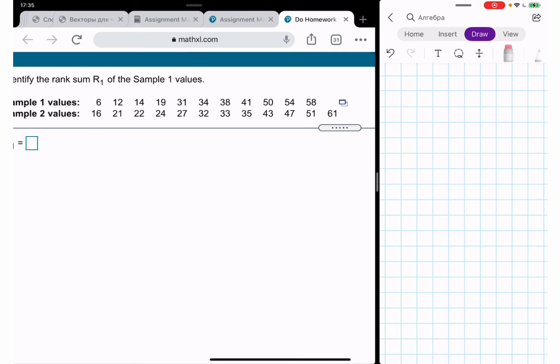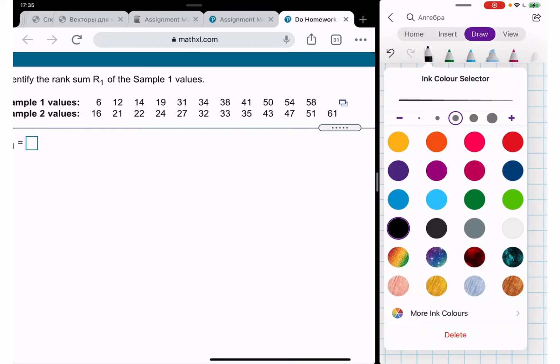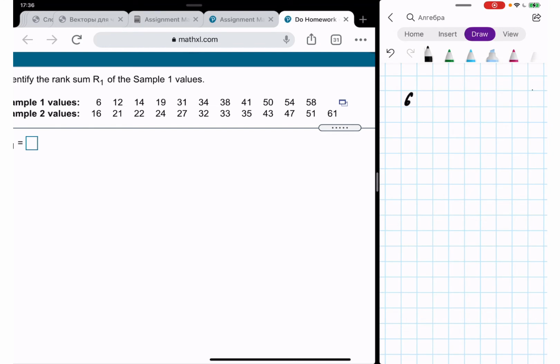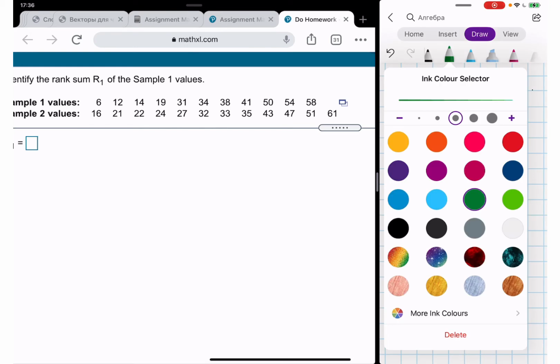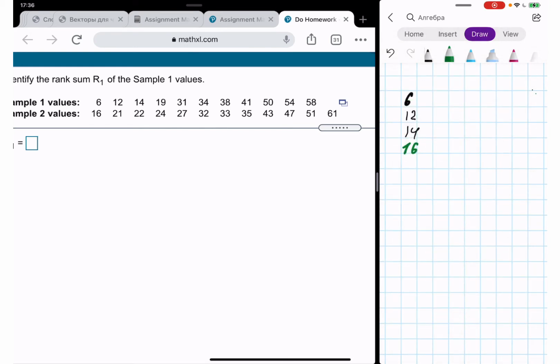But let me try to do it by hand. So 6, and then 12, and 14, and then let me change the color. 16. This is how we will recognize which one is sample 1, which one is sample 2.